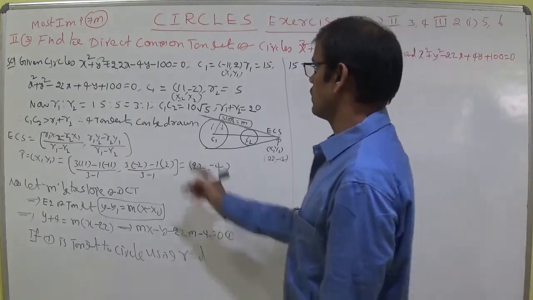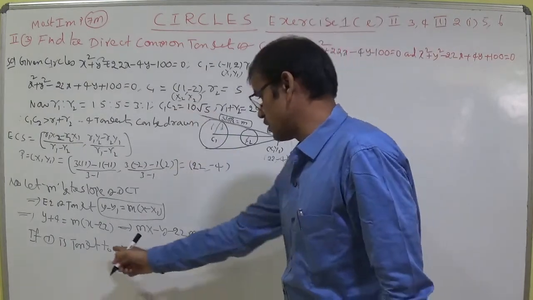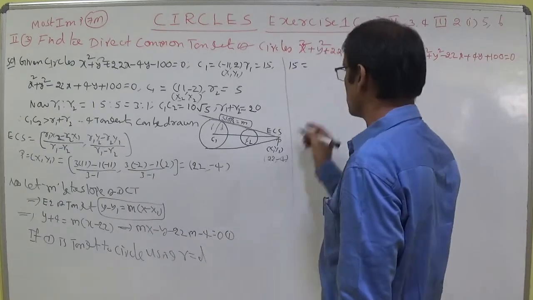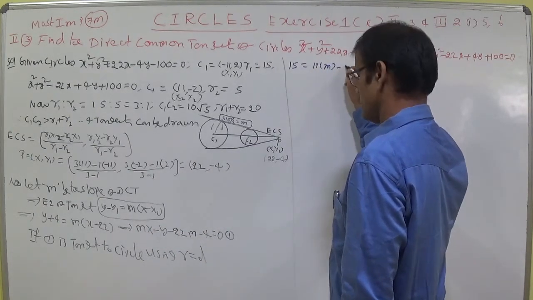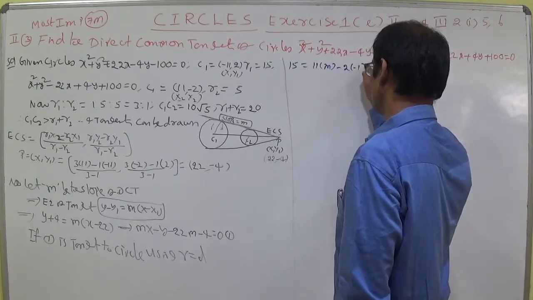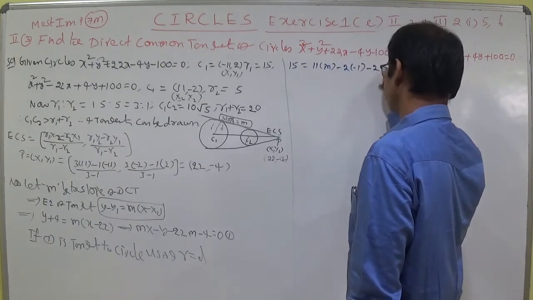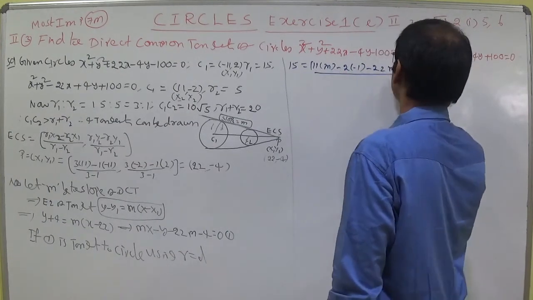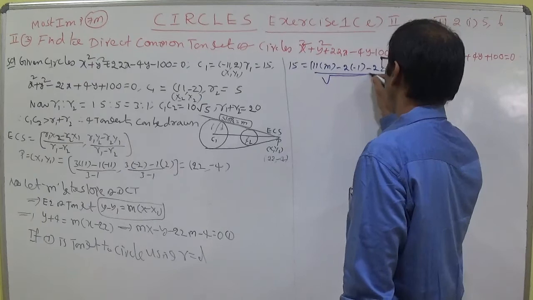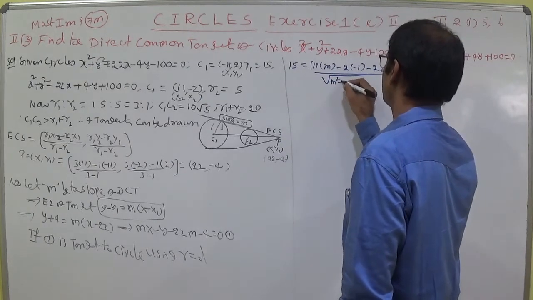What is the center one? 11 comma minus 2. From 11 comma minus 2, you should calculate this perpendicular: 11 into m minus 2 into minus 1 minus 22m minus 4 whole by root of m square plus 1.